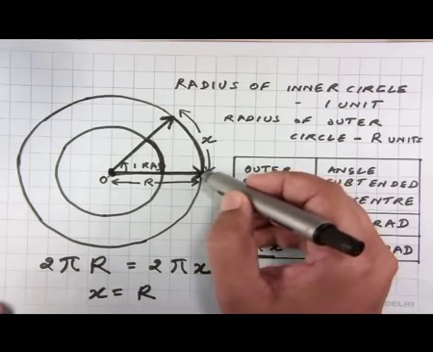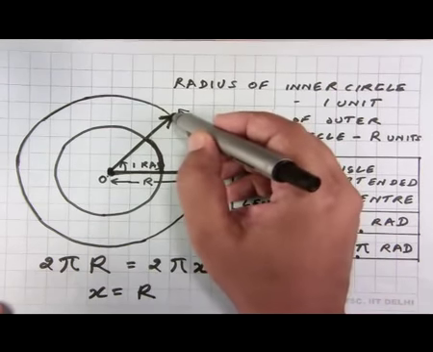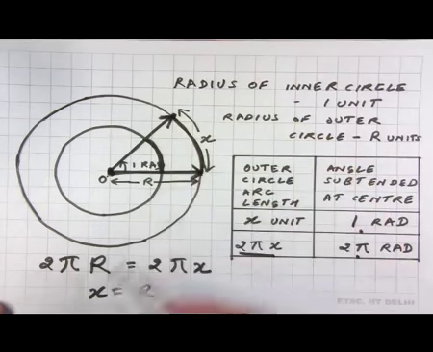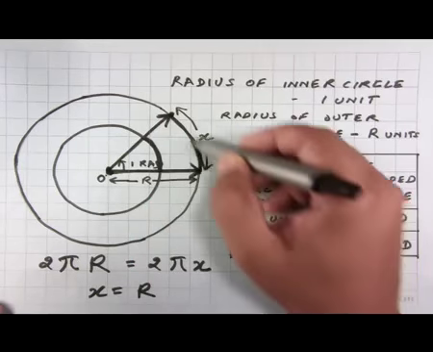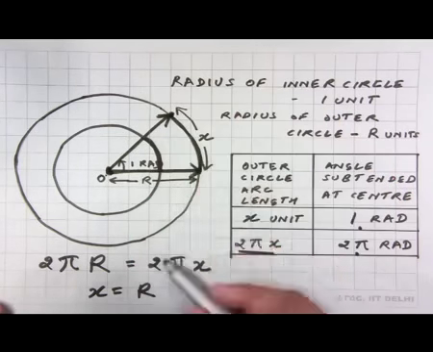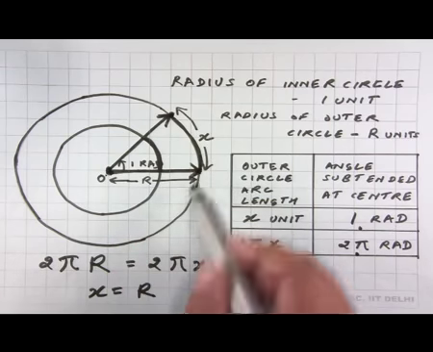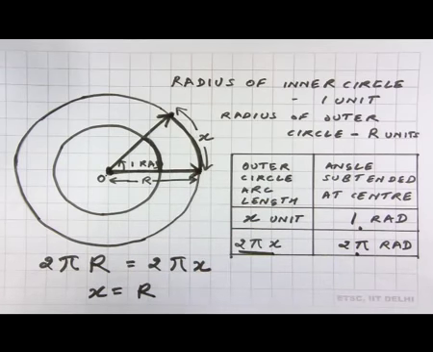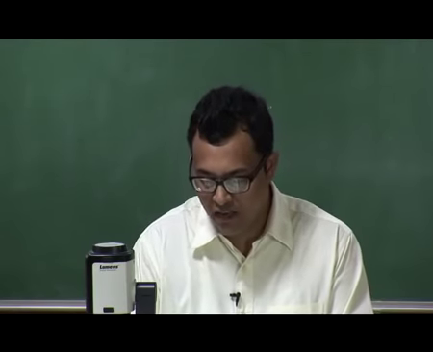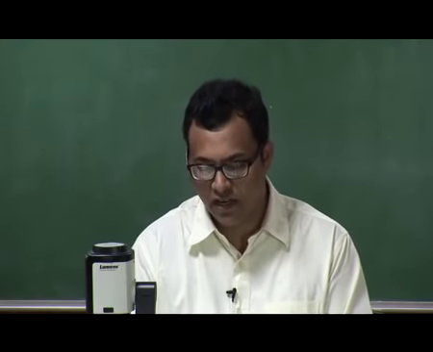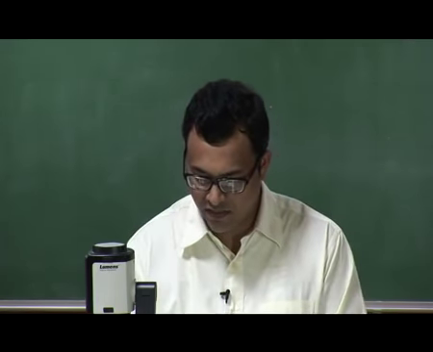Now, if we rotate it by 1 radian, we reach here. Because we rotate it by 1 radian, this particular arc length will be equal to the radius itself, which is r. So, essentially 1 radian could be defined as the rotation angle such that the length of the arc corresponding to that rotation angle is equal to the radius of the circle.